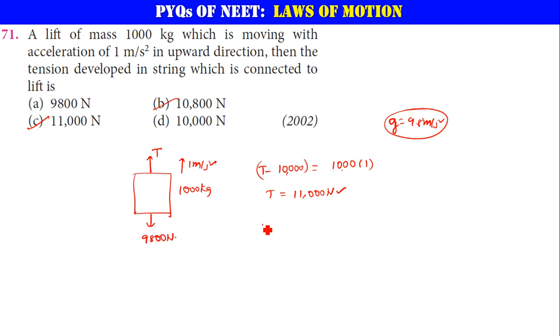So T minus 9,800 is equal to 1000. T is equal to 9,800 plus 1000, which is nothing but 10,800 newtons. So this option is also correct. Which one is correct now? Obviously this one. So you have to be very careful looking at the options. You may have to consider G value as 9.8. Please be very careful about that.